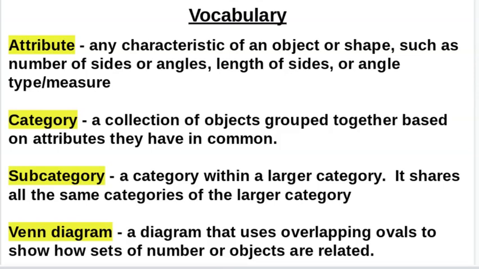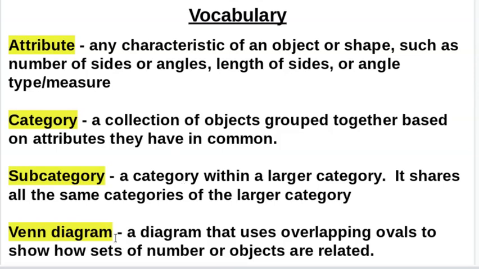And then a category is just grouping things together based on an attribute. And then a subcategory is another category within that larger category. So a category is generally broad. It talks about a general idea, and then subcategories get more specific.